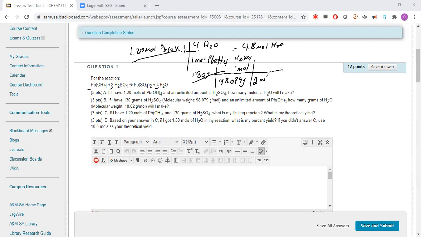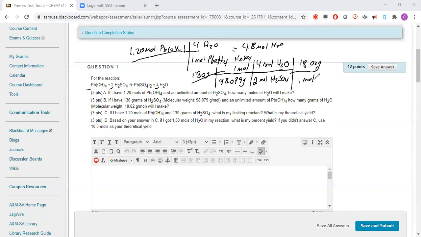So 2 moles H2SO4, 4 moles water. Then I want grams of water. So for every 1 mole of water, that's 18.02 grams. And you calculate that out.